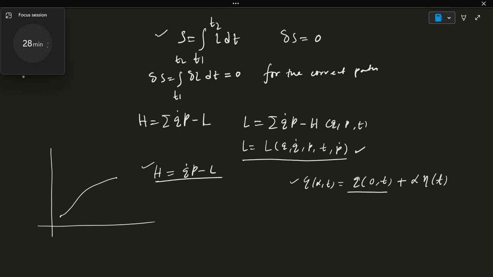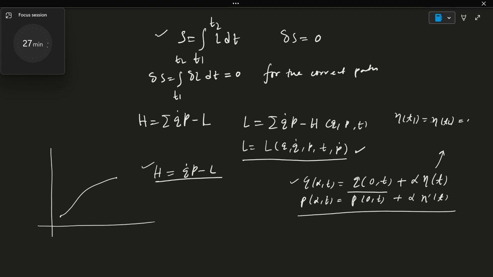And p for the varied path is equal to p(0, t) for the actual path plus, let's say, alpha times some eta prime of t. Here eta and eta prime are well-behaved functions. They are continuous functions, and eta of t1 and eta of t2 equal 0. T1 and t2 are the two endpoints.